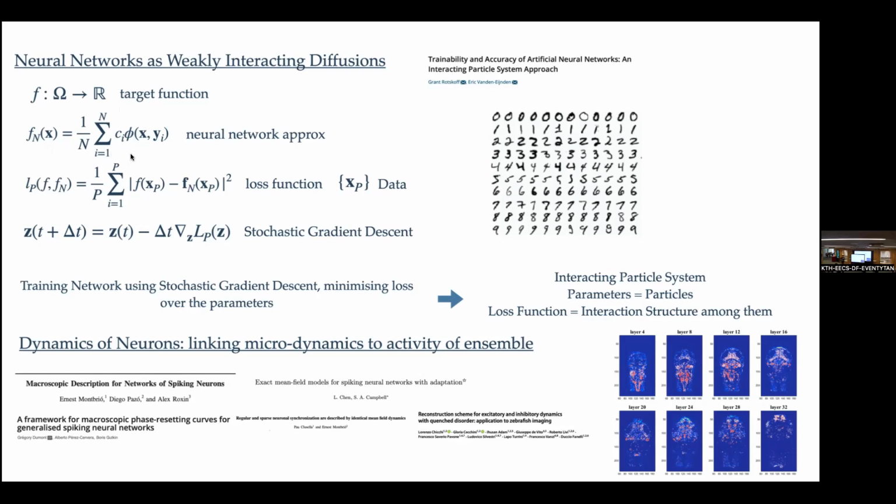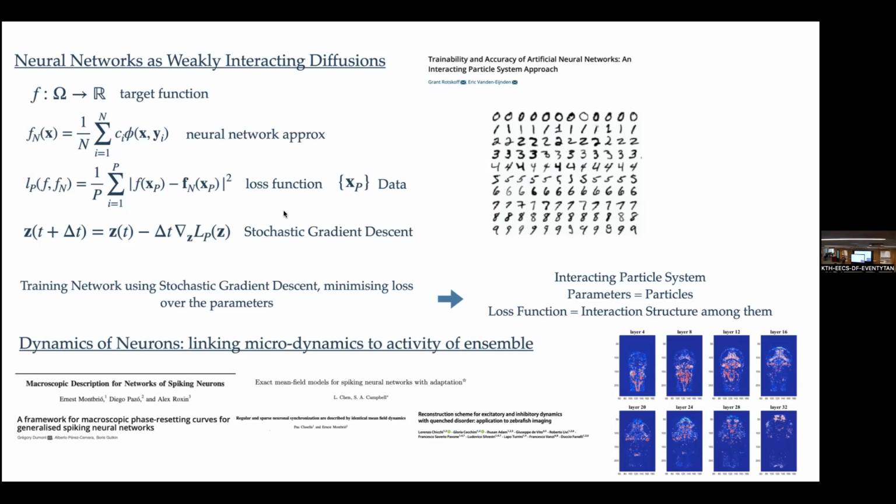The goal is to find the parameters that give the best approximation of this target function. To do so, you introduce a loss function, and this loss function is just the mean square error. And you give some kind of dynamics to optimize this loss function.